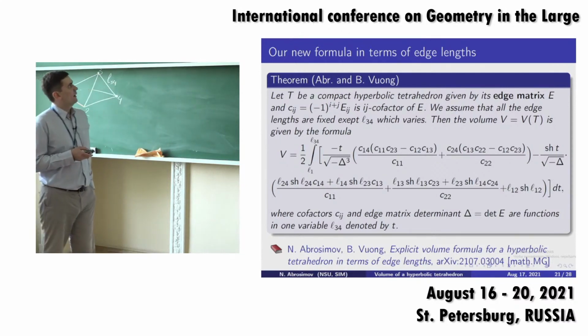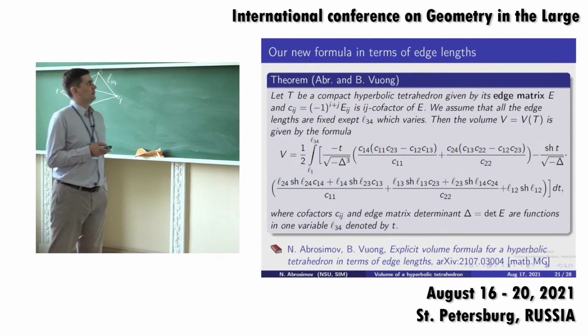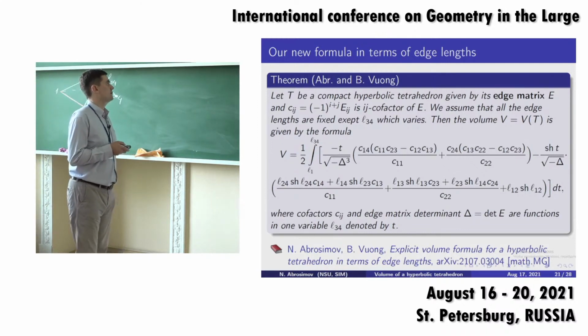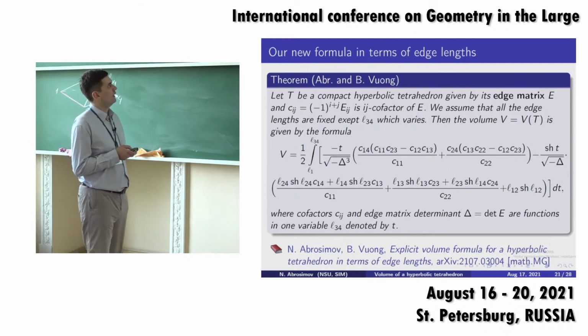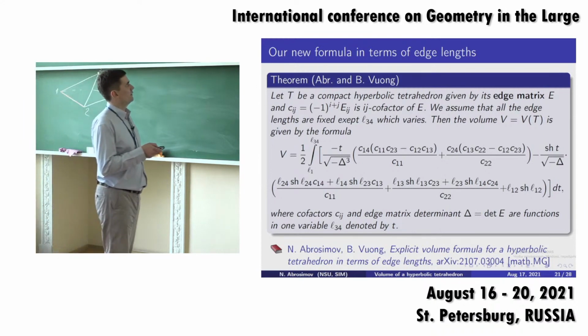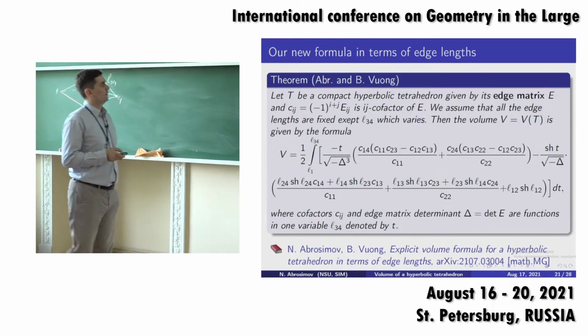Well, let T be a compact hyperbolic tetrahedron given by its edge matrix. We denote Cij the cofactors of the edge matrix. And now we assume that all the edge lengths are fixed except one, for example, L34, which is variable.